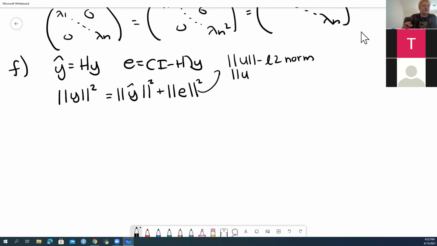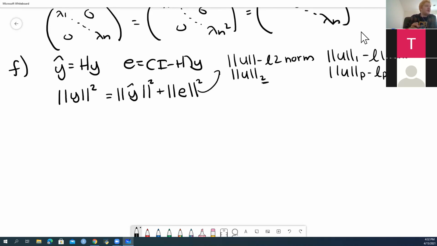Technically, you could also write this with a little 2, but typically people only write it if it's not the L2 norm. There are other norms, like the L1 norm, or more generally the Lp norm. But if you don't see a letter or a number there, assume it's the L2 norm.